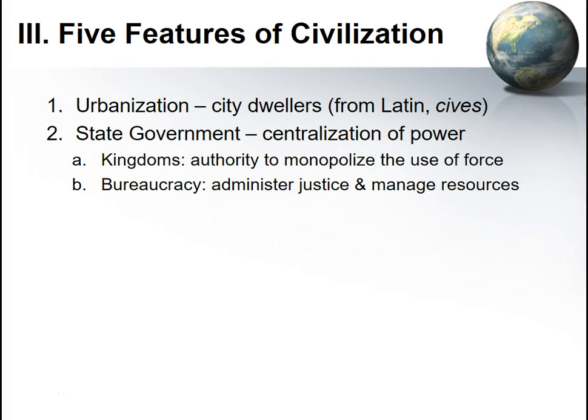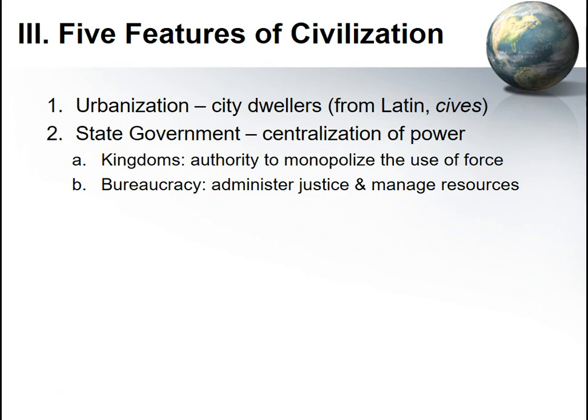However, once you have power concentrated in one individual source, namely a king, the king cannot do everything to administer the power of the state. And so one of the aspects of a state government is we start to see a bureaucracy. That is to say, people who are doing the actual work of running the state government.